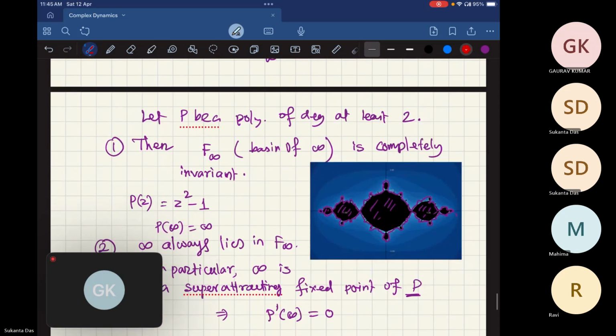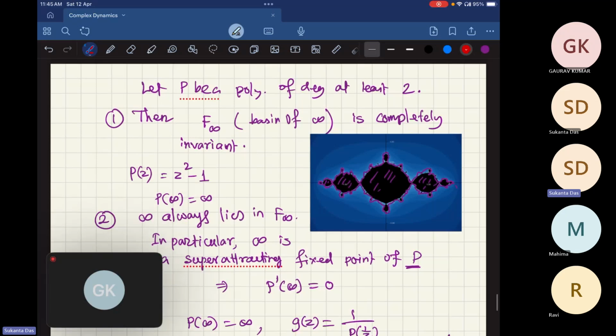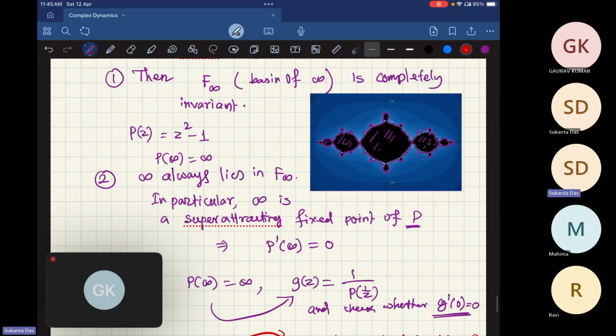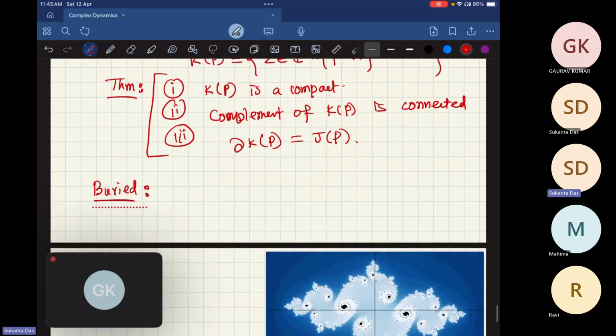Julia set is precisely the boundary of some Fatou component. But it is not the case always.